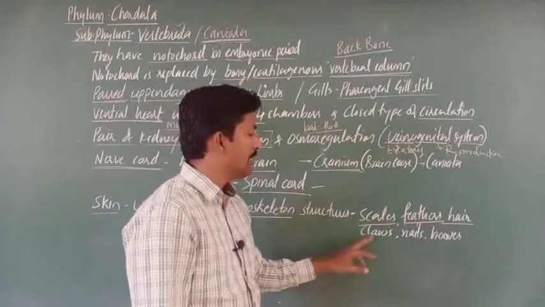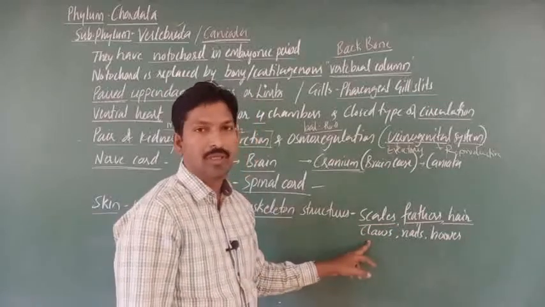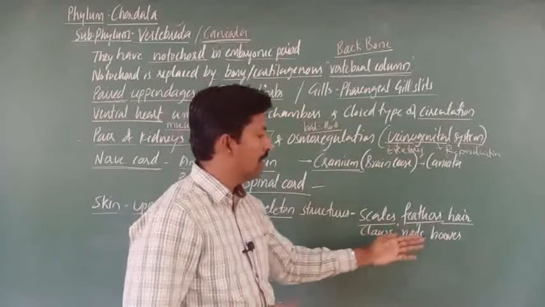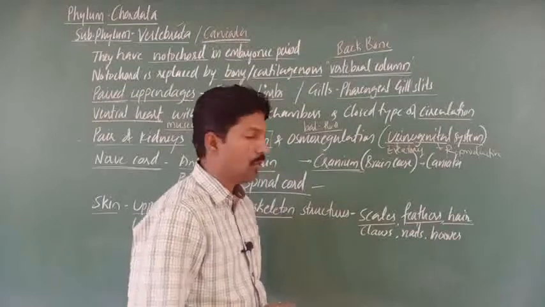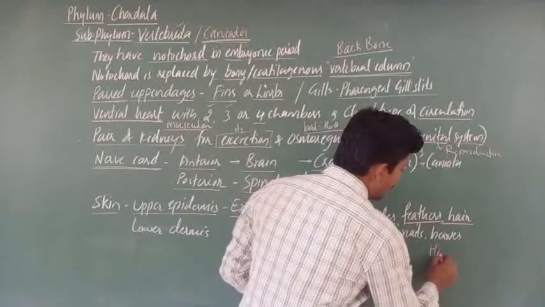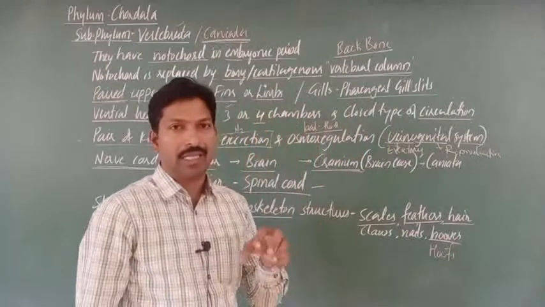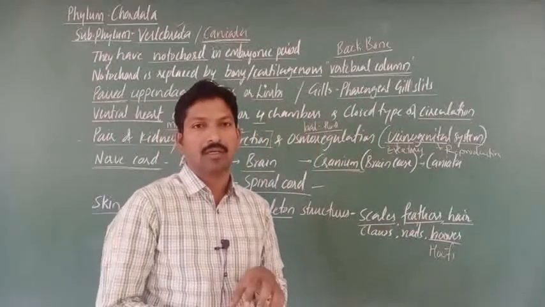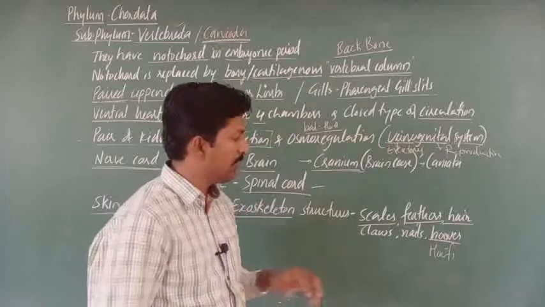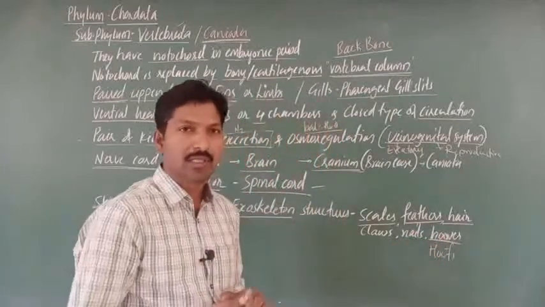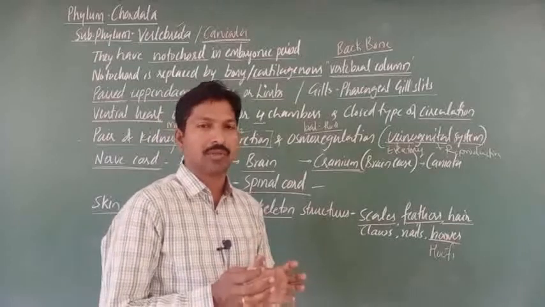Next, claws, which we observe in mammals, also nails, and hooves, also referred to as hoofs. Hooves means the legs end with a hard foot, which may be split or somewhat circular, right.